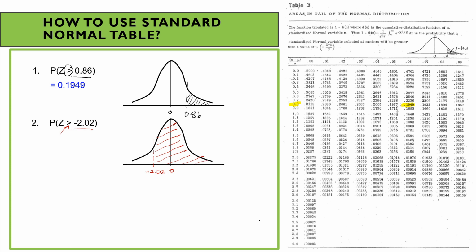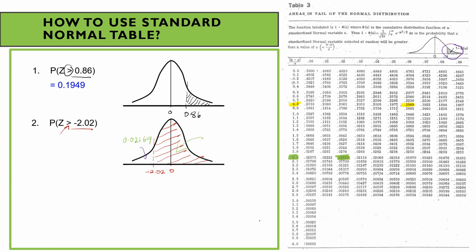But the concept of the Z table is smaller area. So find the probability value of negative 2.02. Negative 2.02 means negative 2.0 here, and then the second decimal is 0.02 here. So this one is 0.02169.